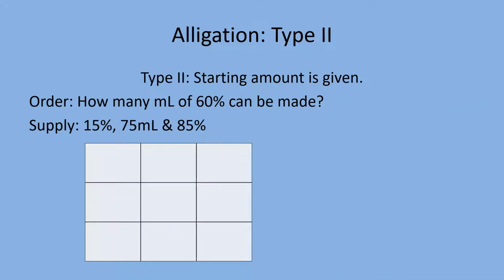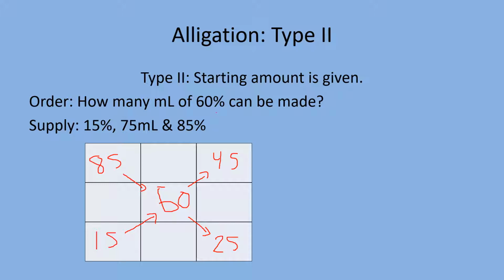All right, what goes in the middle? 60. All right, what do you want on the left side? 85 and... All right, next step. So the difference here is 25. The difference here is 45.